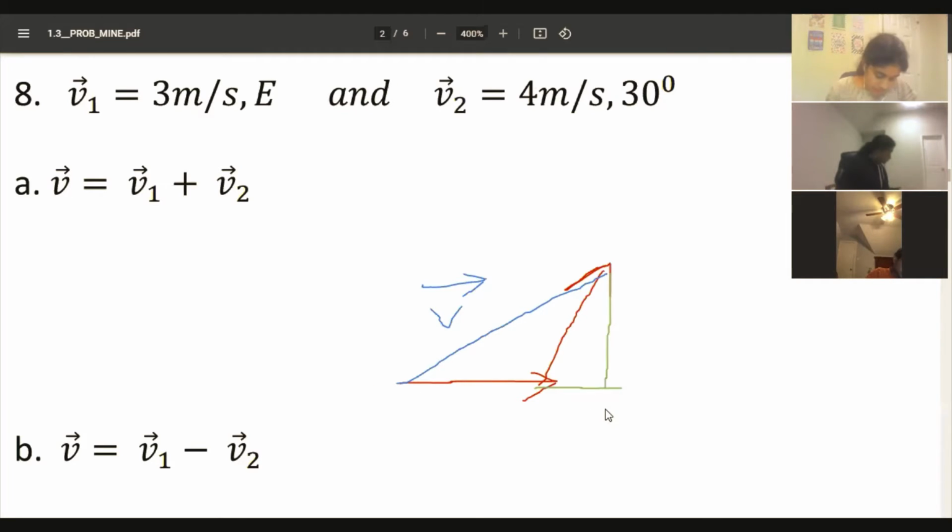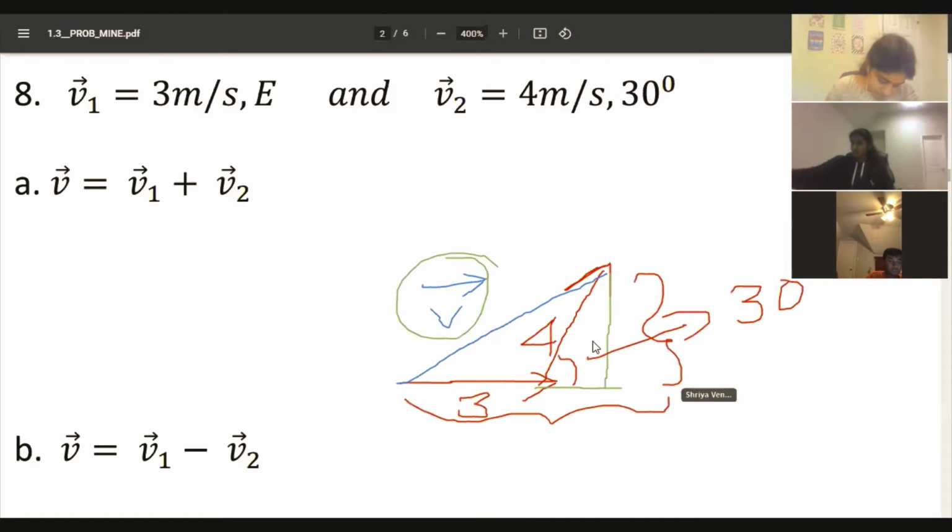Okay, so we know that the value of V2 is 4. So this is 4, and this is 3. And we know for V2, it has an angle of 30 degrees, so we can say that this is 30 degrees over here. So simply to find this side and this side, we have to use trigonometry.